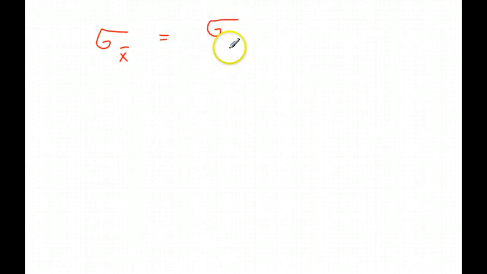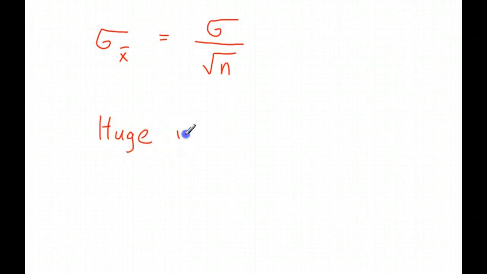It's equal to the standard deviation of the population divided by the square root of the sample size. This is a very big idea, not just for the rest of chapter 6, but for chapter 7 and chapter 8 as well.